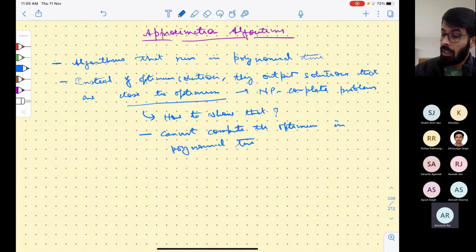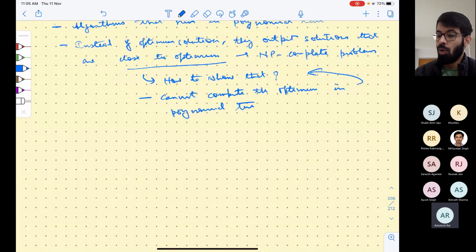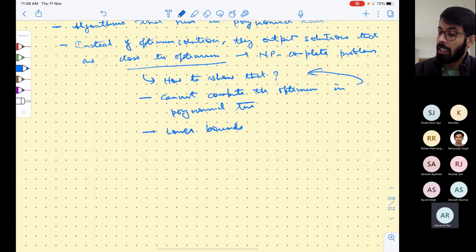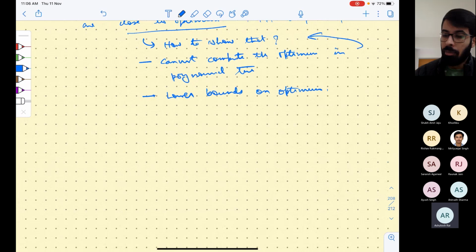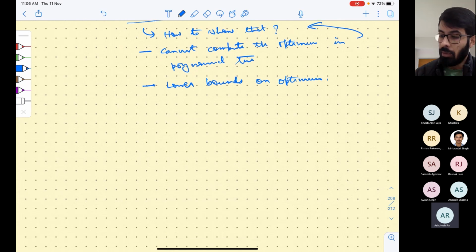How do we argue about the optimum? Basically we'll be using some lower bounds on optimum, instead of the exact optimum. Suppose this is a minimization problem, so we'll be using some lower bounds on optimum.